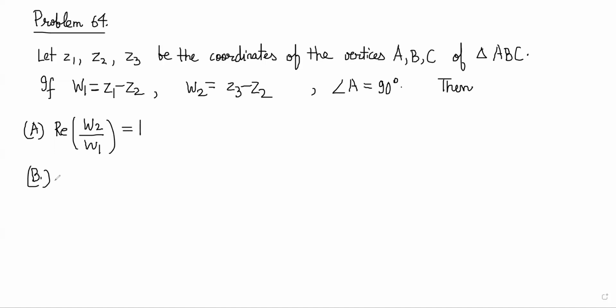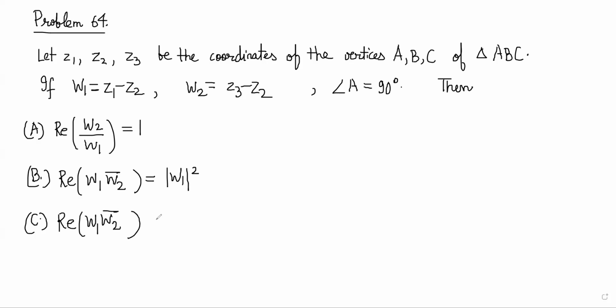Option B is real part of W1 into W2 conjugate is equal to mod of W1 square. Option C is real part of W1 into W2 conjugate is mod of W2 square. And option D is real part of W1 by W2 is equal to 1. And we have to figure out which options are correct. This can be a multi-correct question, right?